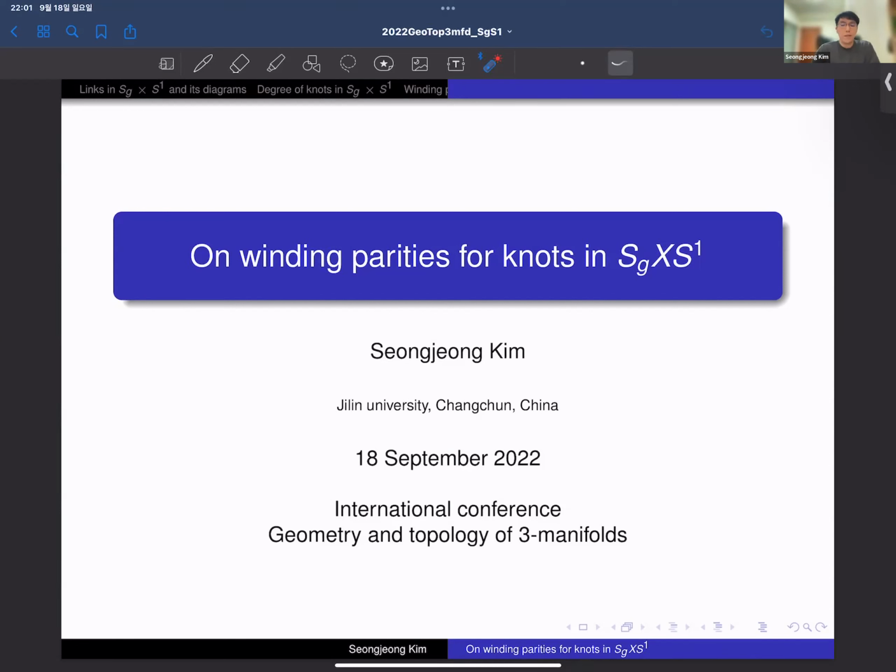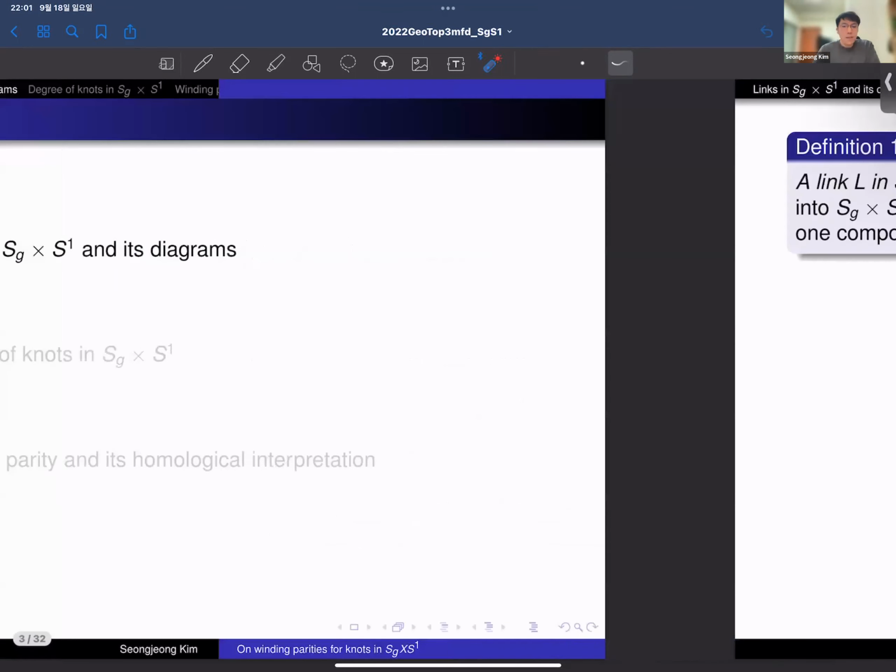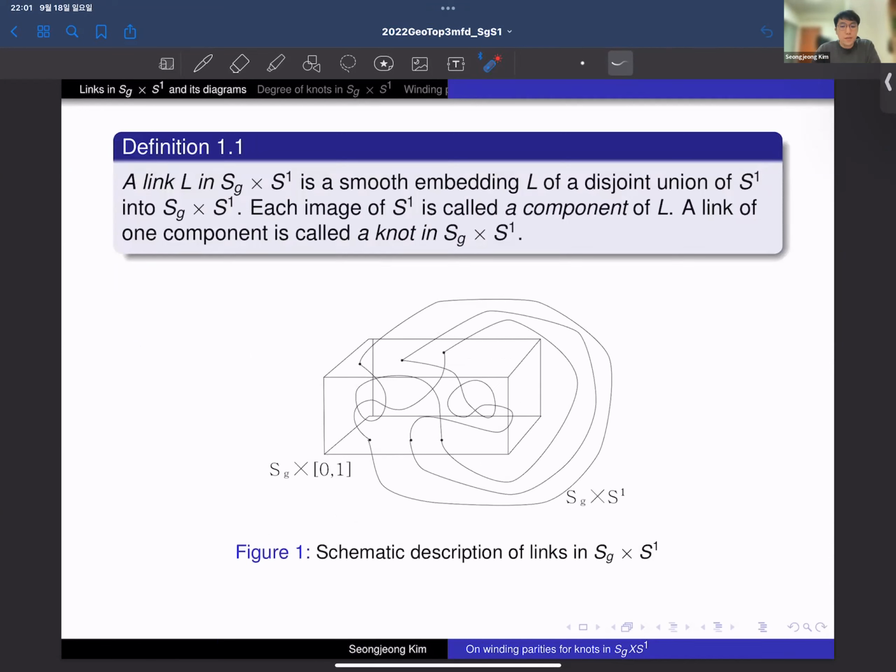First, let me remind how links in surface times S1 and their diagrams are defined. A link in surface times S1 is a smooth embedding of a disjoint union of circles into surface times S1. If it has one component, we just call it a knot in surface times S1. Throughout this work, we describe knots and links in surface times S1 by using such a schematic description.